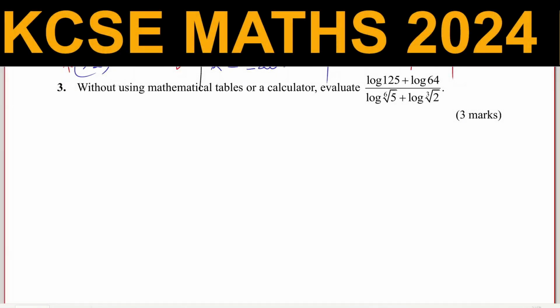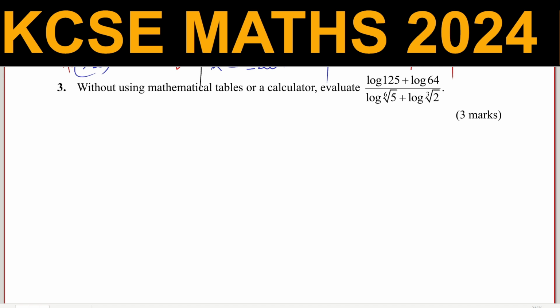Without using mathematical tables or a calculator, evaluate. That is a question on logarithms. Now let's look at the numerator and then look at the denominator. When I look at the numerator, I can see logarithm of 125 plus logarithm of 64.